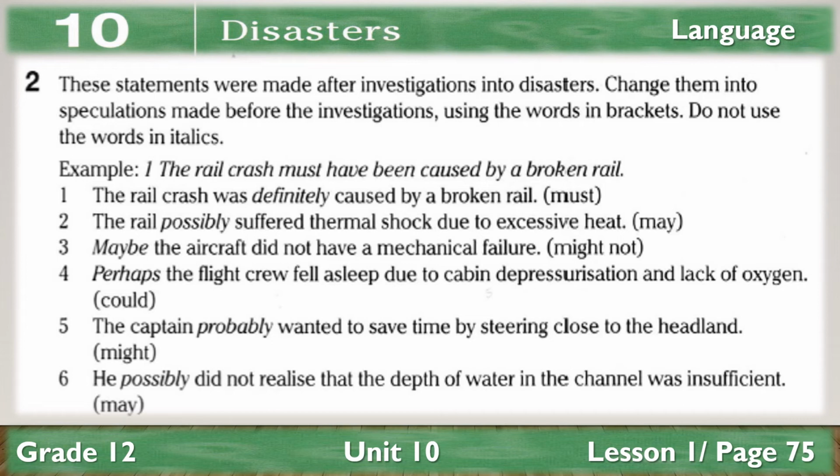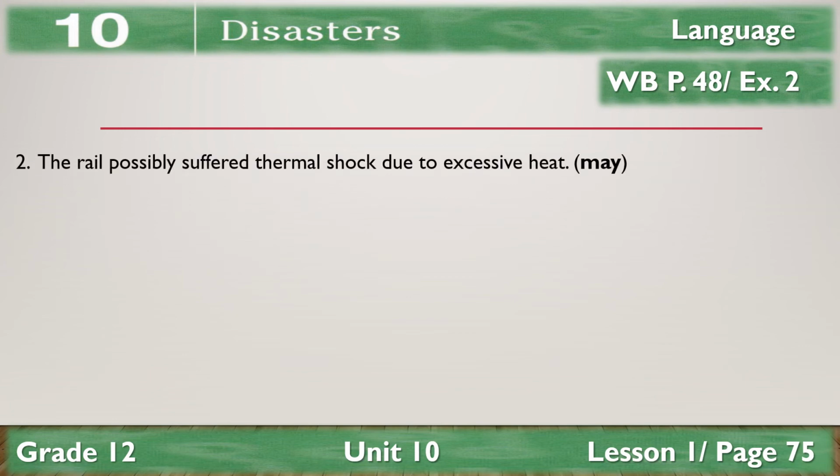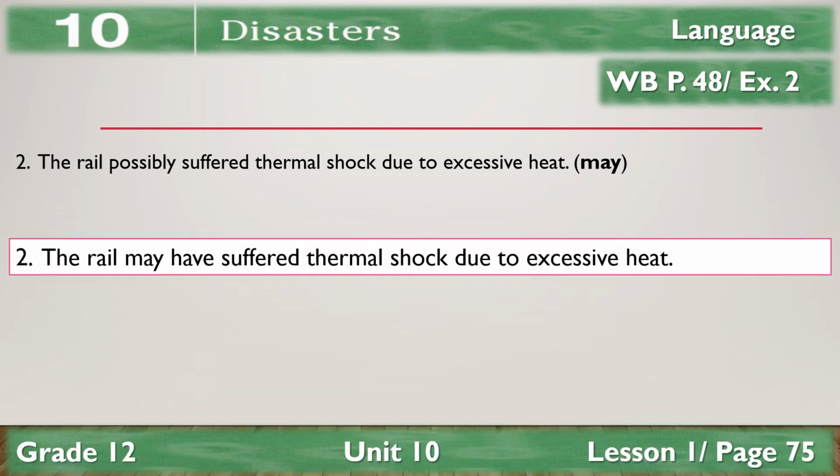Now, dear students, try to think of the other sentences, then come back to check your answers. Now, number 2, the sentence says, the rail possibly suffered thermal shock due to excessive heat. We have to use the word may. Check your answers.